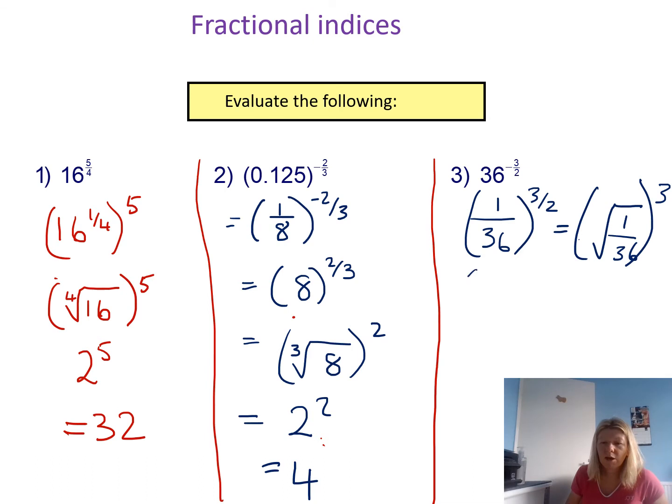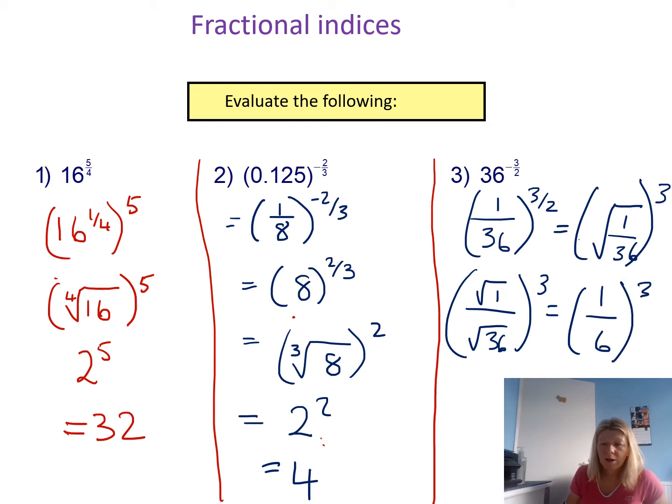And when you do that, you can think of that as 1 over the square root of 36 to the power 3. Well, that's going to be 1 over 6 to the power 3. And that ends up 1 to the power 3, which is 1, and 6 to the power 3, which is 216. And we're done. Lovely.